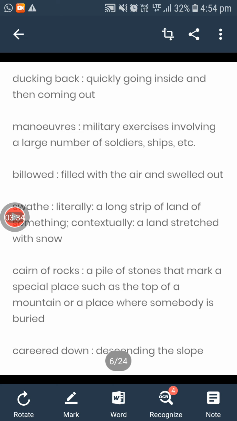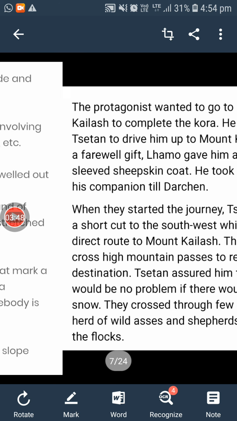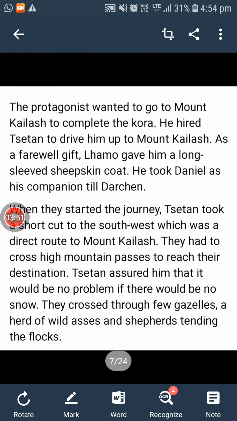Cairn of rocks means a pile of stones that mark a special place, such as the top of a mountain or a place where somebody is buried. Carried down means descending the slope. So students, do write all these important words in your copy.